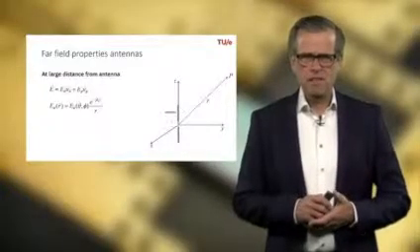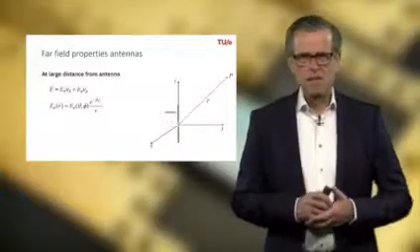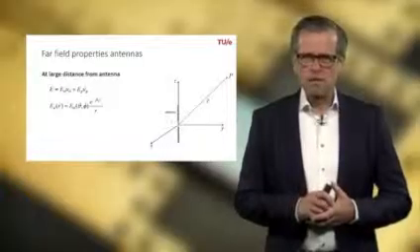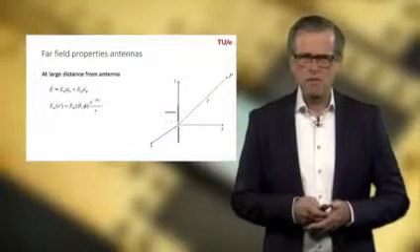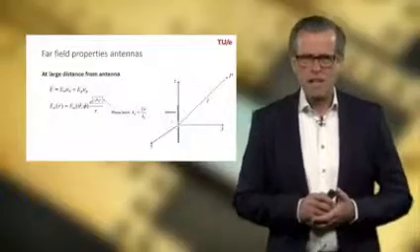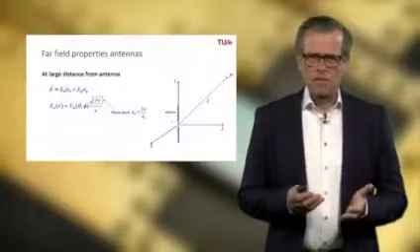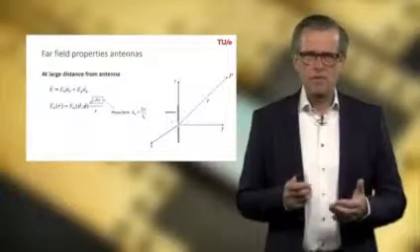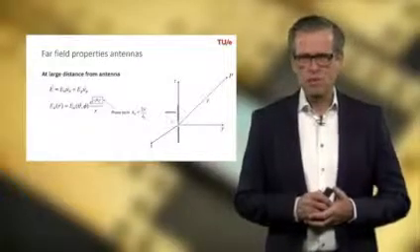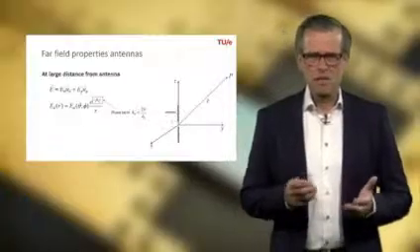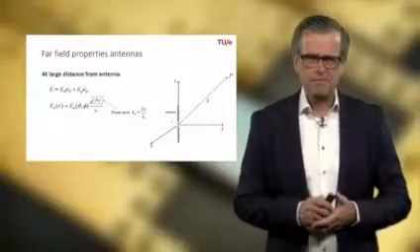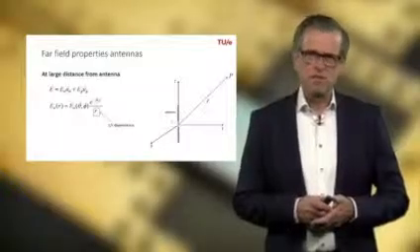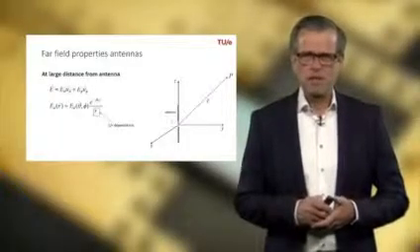First, E theta can be written as a multiplication of some amplitude dependent on theta and phi times an r dependence, and the r dependence consists of the exponential term with a phase term e to the minus j k naught r, where k naught is the wave number in free space and is equal to 2 pi over lambda naught, and lambda naught is the wavelength in free space. In addition, we have again the 1 over r dependence, as we already introduced in the previous web lecture.